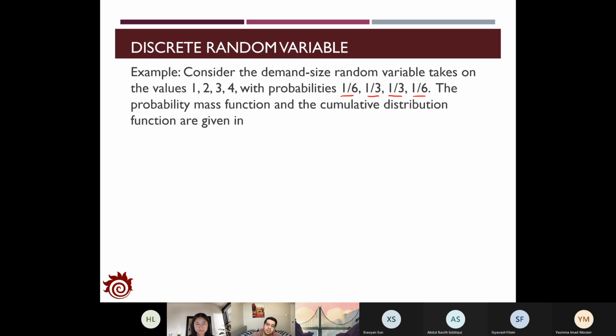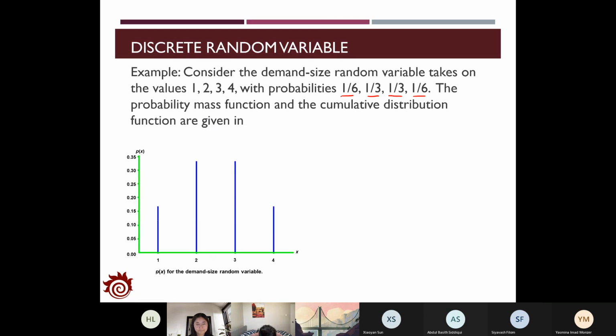With that we can find the probability mass function. So for x equal to 1, the probability is 1/6. For 2, it's 1/3. 3 is also 1/3. And 4, it's 1/6. Adding them together, definitely will be 1. So that's the probability mass function.